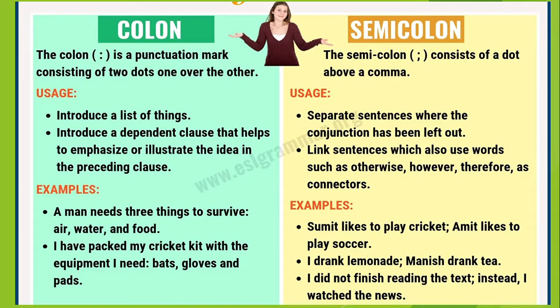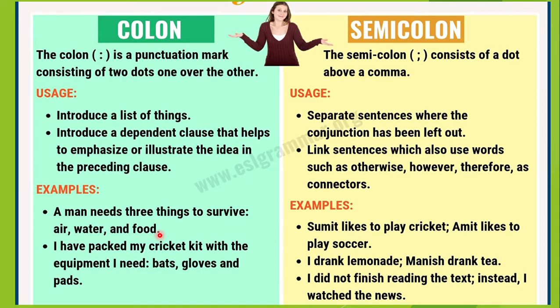So the example number one: a man needs three things to survive: air, water, and food. I'm listing three things in that case. That's why I use a colon. I'm going to use right here my laser pointer. So here I use a colon and then I listed the three things that men need, right?